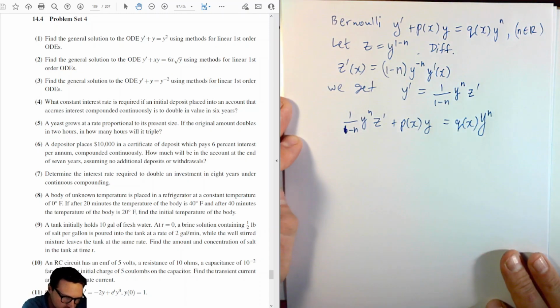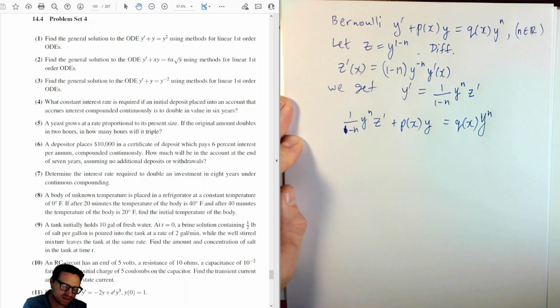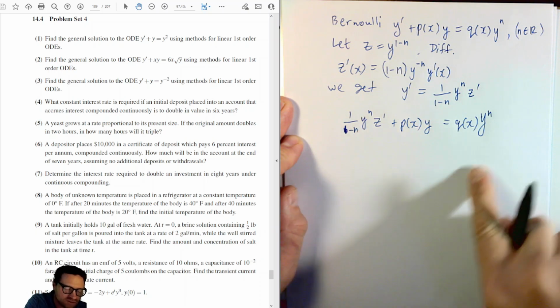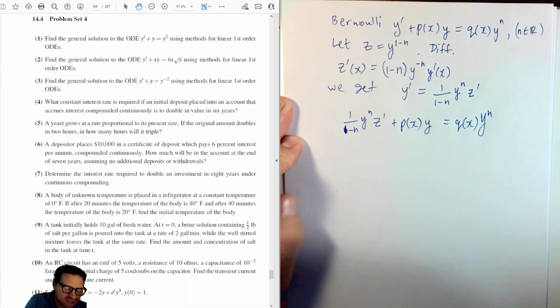Okay, and now we want to express this as a differential equation in terms of z with only z's and x's, and so we expect that we can cancel the y to the n. So let's go ahead and bring that y to the n over to the other side, or divide throughout by y to the power of n.